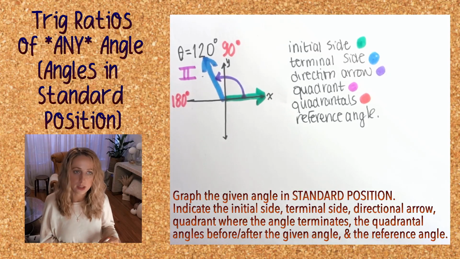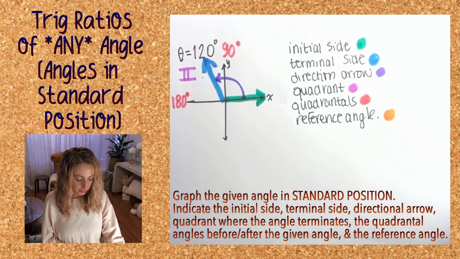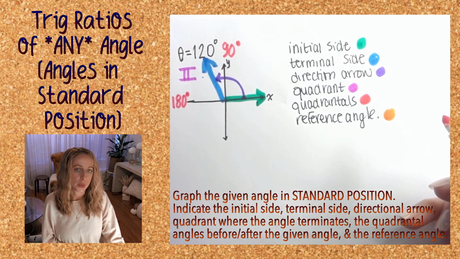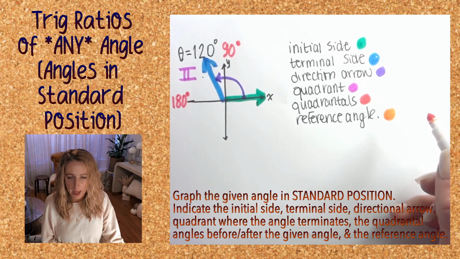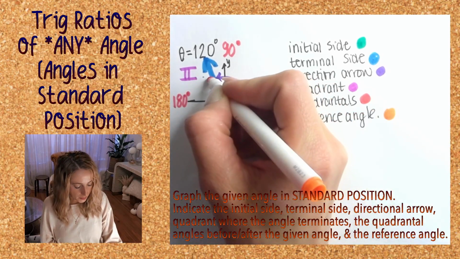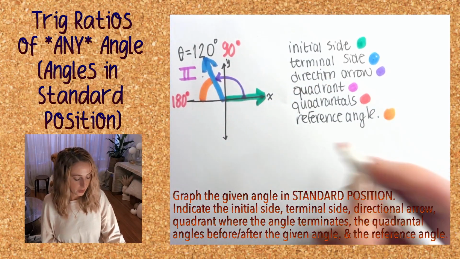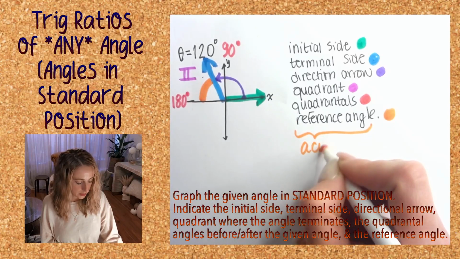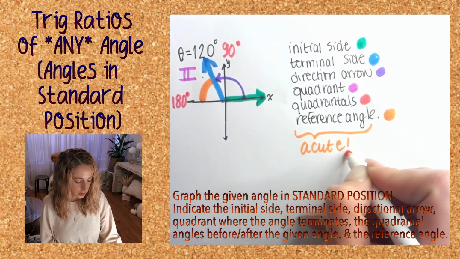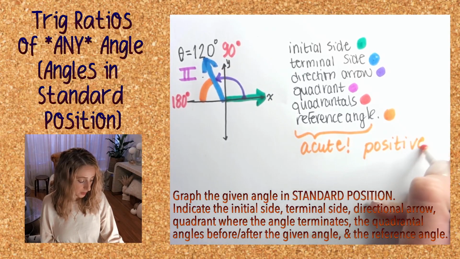Last but not least, our reference angle. The reference angle is always found between the terminal side and the closest x-axis. So that means my reference angle is going to be that angle measure right here. Another thing about the reference angle is it's always acute and it's always positive.